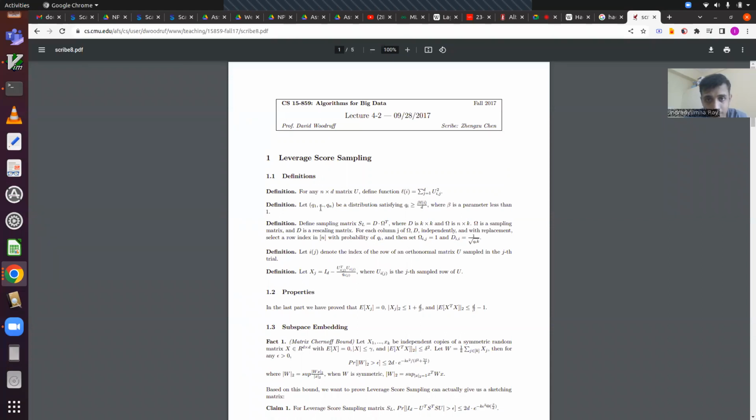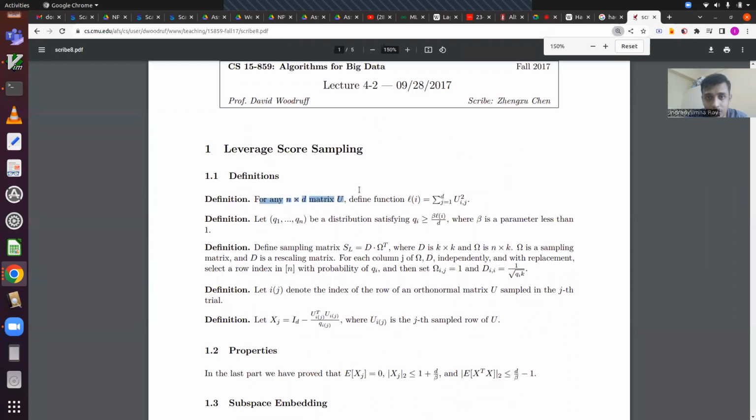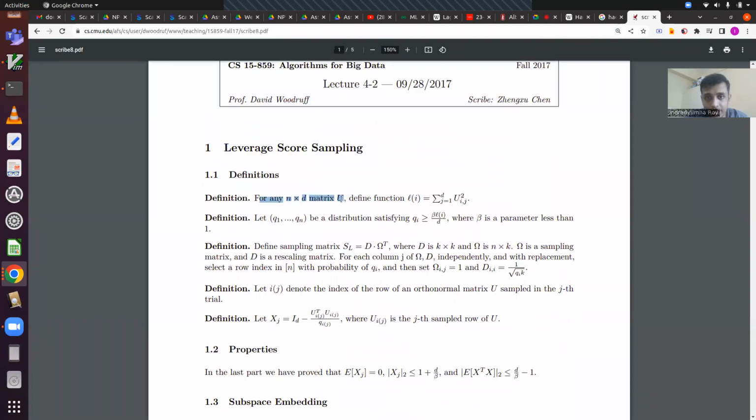Okay, so for example, here it's written that for any n cross D matrix U, can you see this? Yes. For any n cross D matrix, if you define a function Li, where Li is the sum of Uij squared, j equals 1 to d.